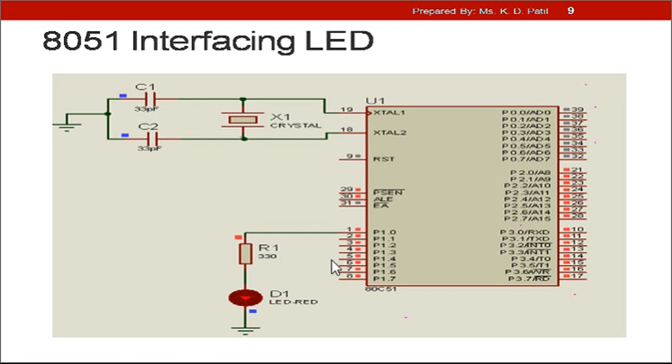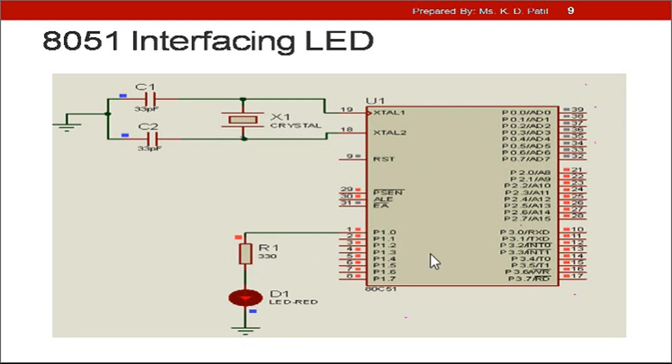Already I told you that we'll require a resistor to limit the current flow, so that this LED should not get damaged and this microcontroller also should not get damaged, because in one pattern current is flowing from the microcontroller to the LED to glow, and in the second pattern current flows from here to here. So it may happen that because of the excess current the microcontroller may get damaged or the LED may get damaged, and that's the reason we will require this resistor.